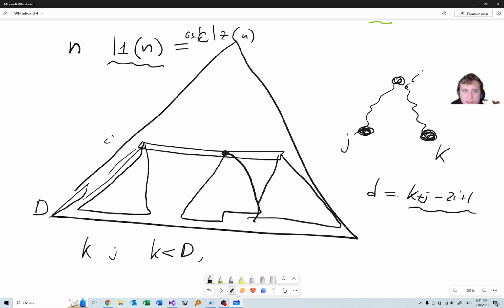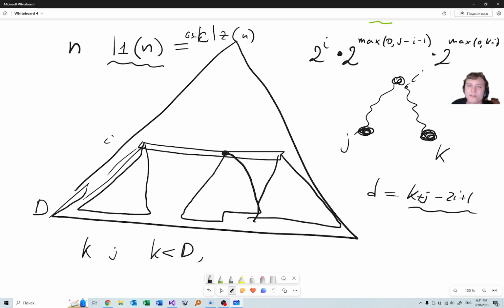So we choose any ith vertex, and there are 2 to the i such vertices. Then we choose any j vertex in its left subtree. And this is like 2 to the maximum of 0 and j minus i minus 1. And 2 to the maximum of 0 and k minus i minus 1.